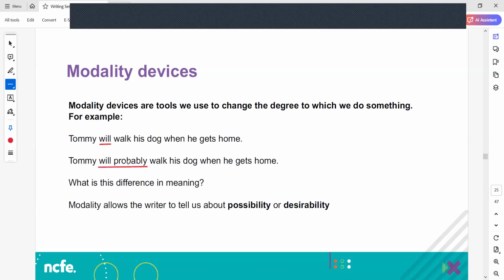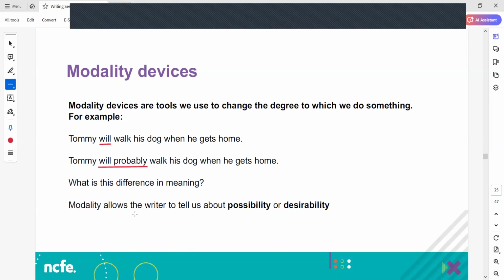So "probably" is a modality device. It changes the degree, so it's not definite anymore. There's a good chance he will walk his dog when he gets home. So it's changed from definite to probable.